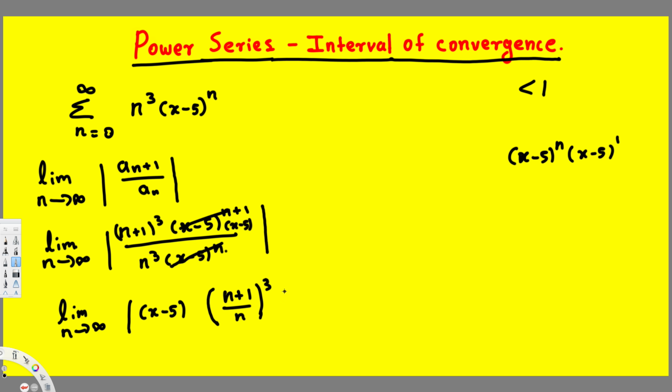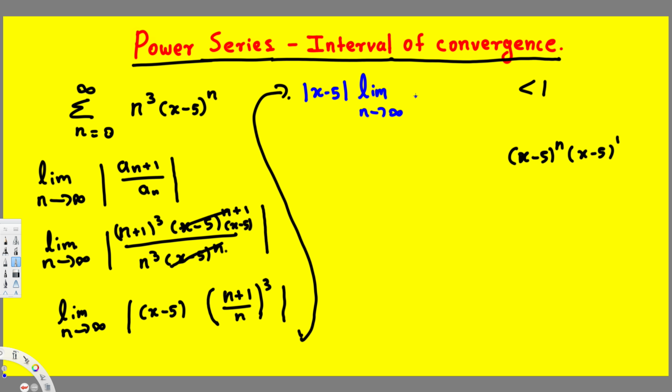And now, since we are taking the limit in terms of n, x-5 is going to be constant, because everything except n is going to be constant, so we can move this one to the front. So let's go ahead and move that one to the front, and if you do, we are going to have the absolute value of x-5 in the front, and then we have limit n approaches infinity of (n+1) over n, to the power 3.